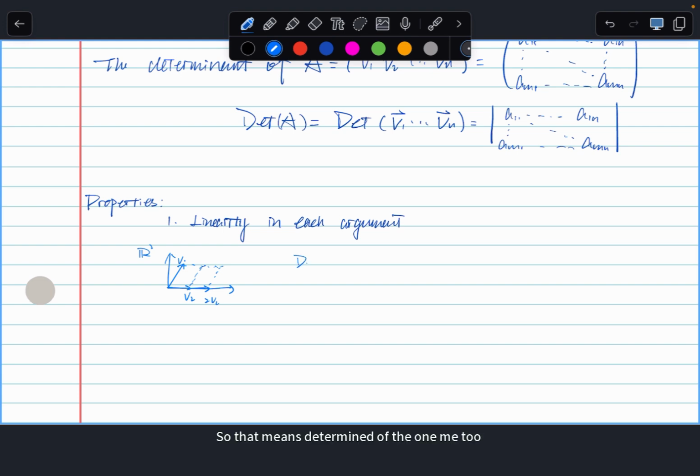So that means determinant of v1, 2v2 equals twice the determinant of v1, v2.